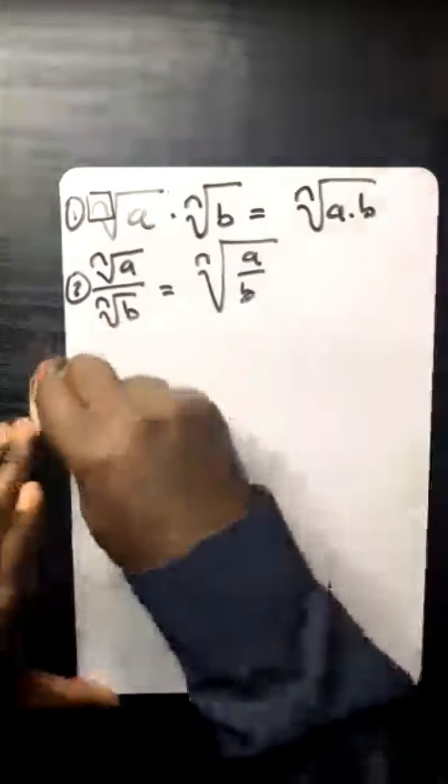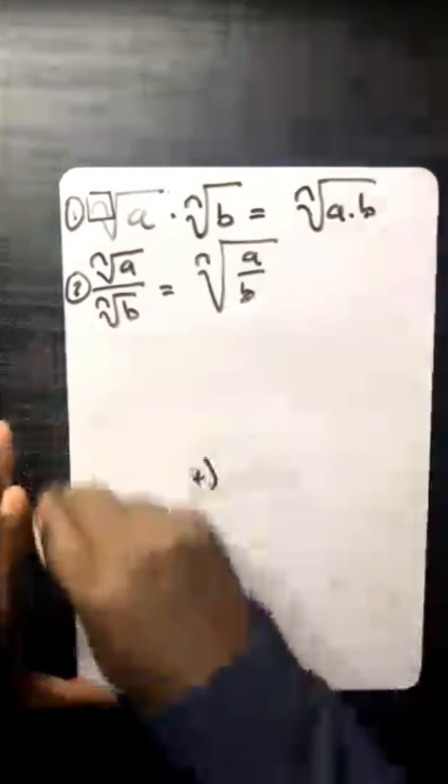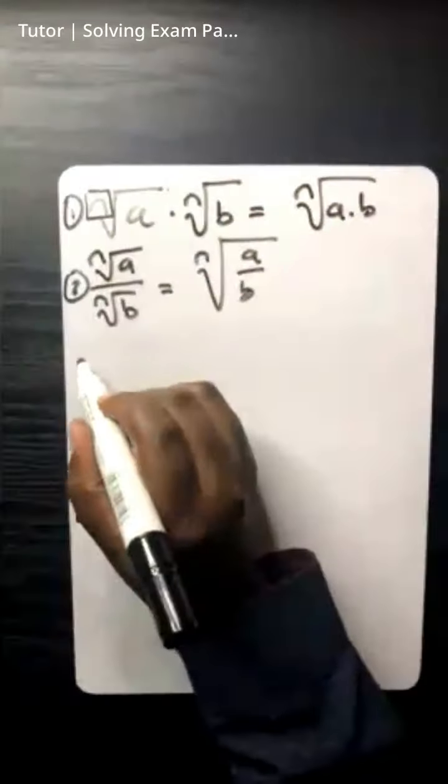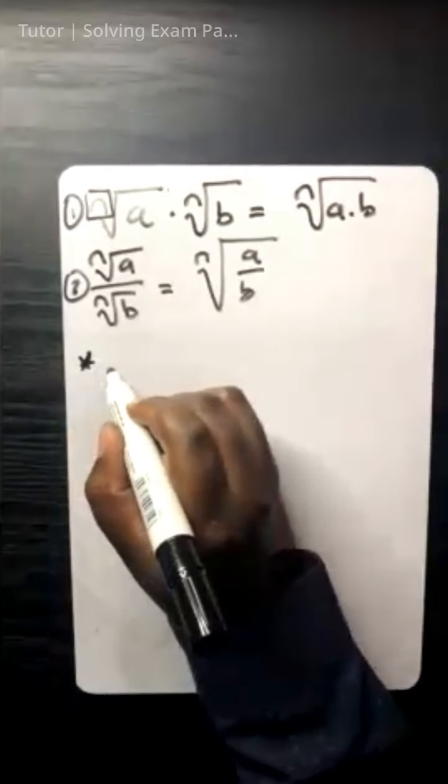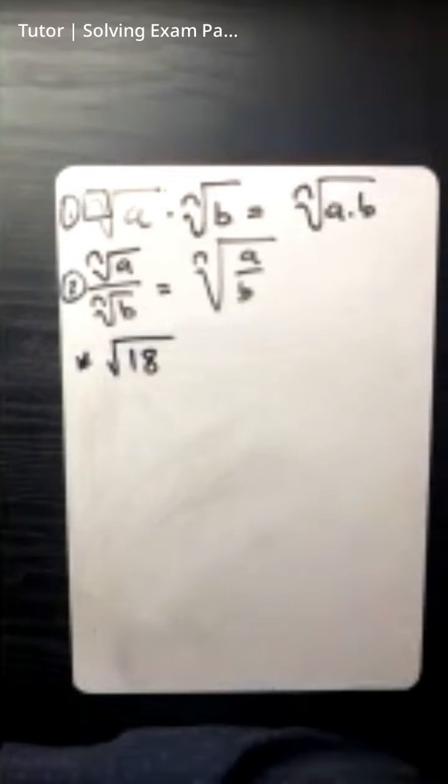So now let's have a look at this type of problem where you are now given square root of 18 and they want you to simplify that one. Is there someone who wants to give it a try?